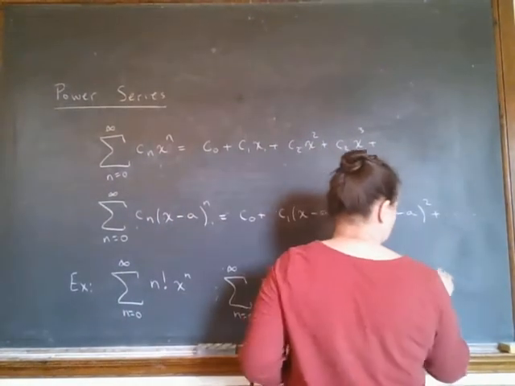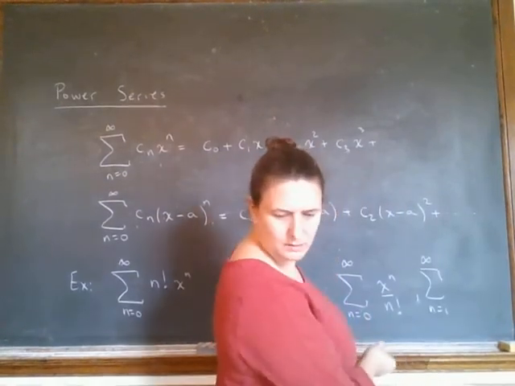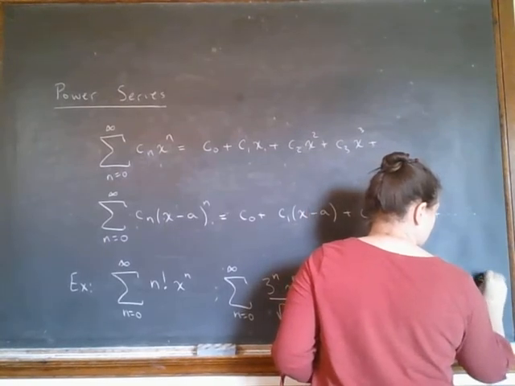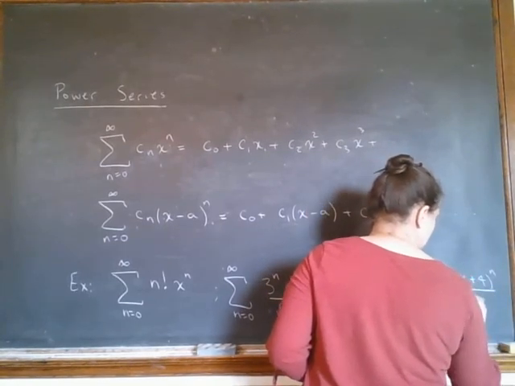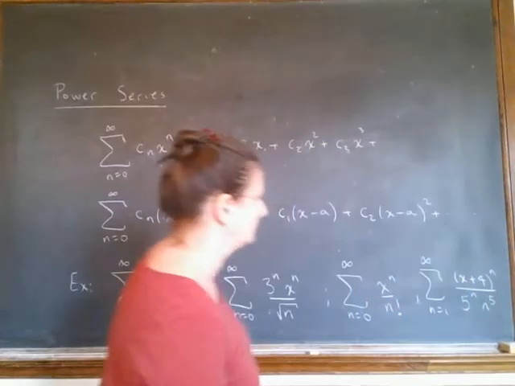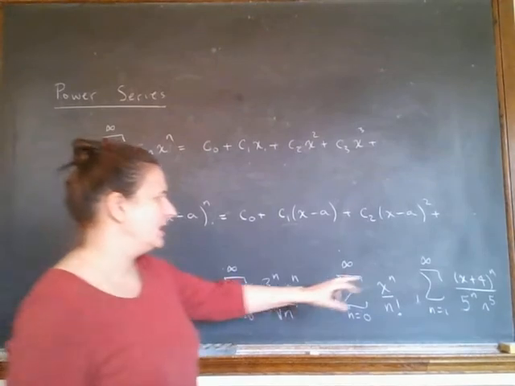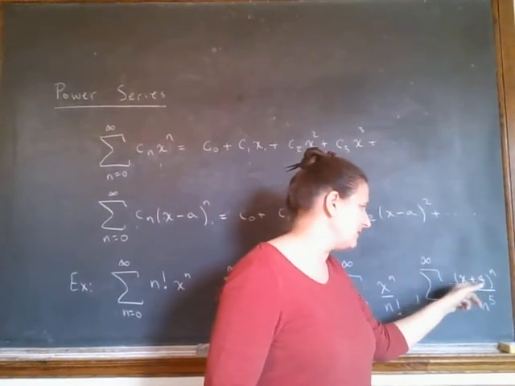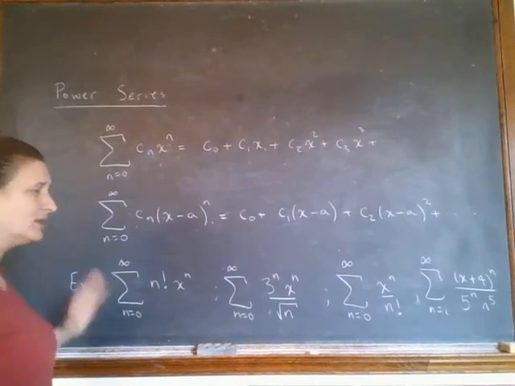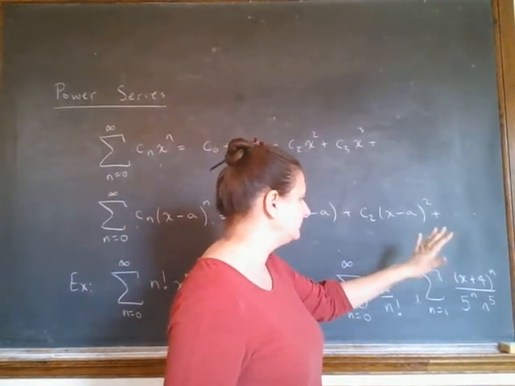How about this? Something like that. So rather than just being x to something, it's something in parentheses moved over. In any case, you will still be using the ratio test.